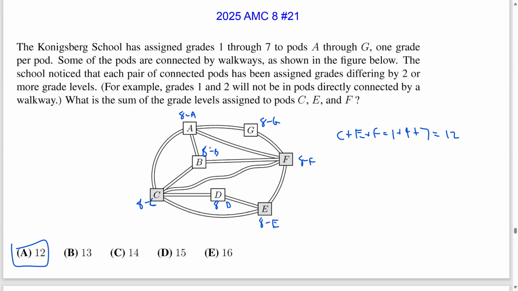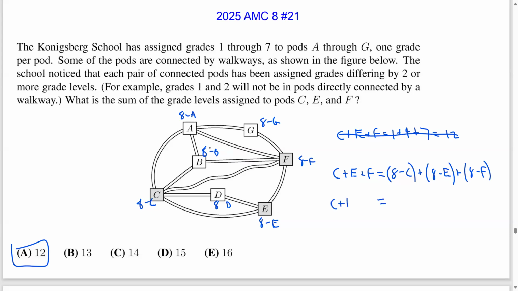And so instead of finding the values of C, E, and F directly, we can actually now establish that C plus E plus F has to equal 8 minus C plus 8 minus E plus 8 minus F, because we know that there must be one answer.